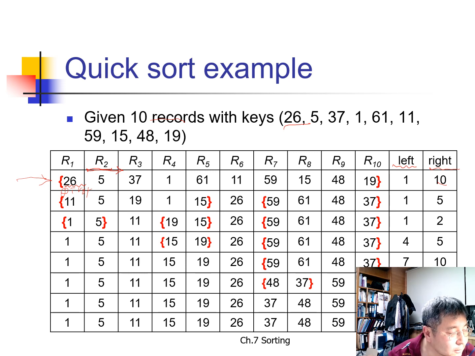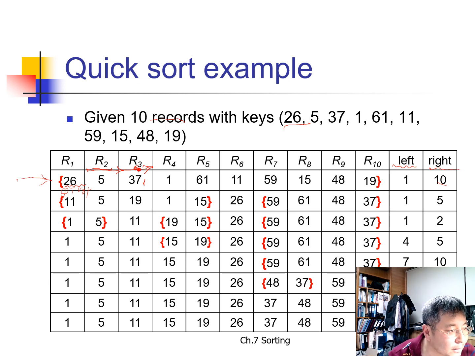Okay, 5 is less than the 26 pivot value, it's okay, and it goes to the next one here, and 37 is greater than 26. Okay, so here we have to stop.